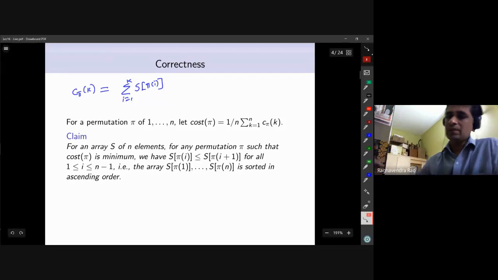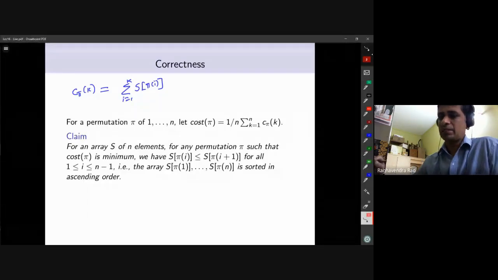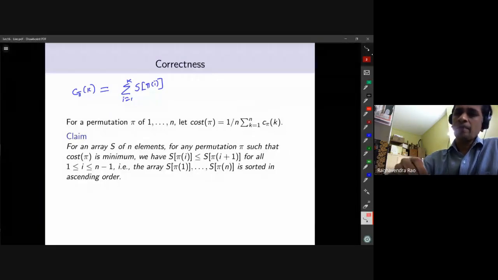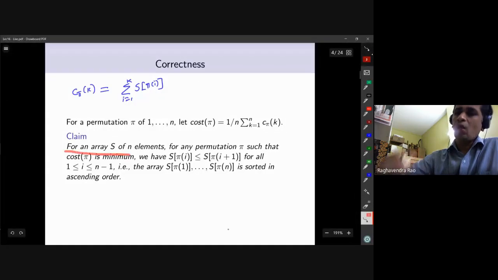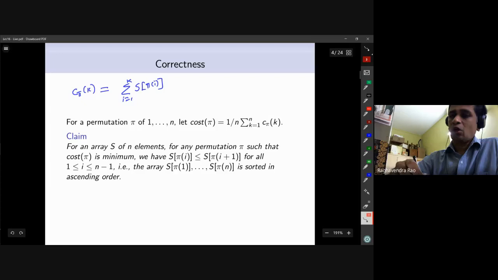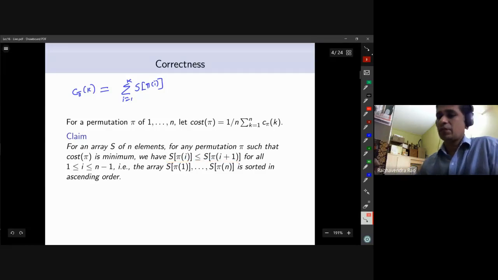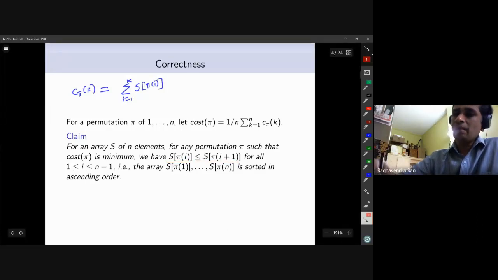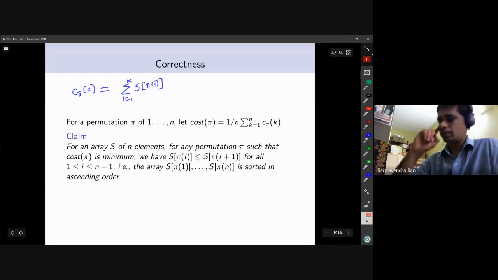So the claim is the following. We made this claim yesterday, so I've just rewritten it. For any array of n elements and any permutation pi such that cost pi is minimum, we must have that if you arrange the array elements with respect to pi, it should be sorted. That is, for every i, s of pi i is less than or equal to s of pi i plus 1.